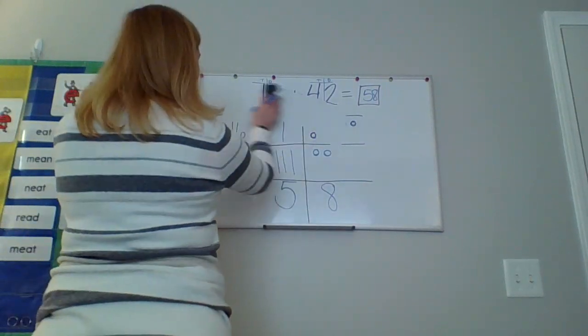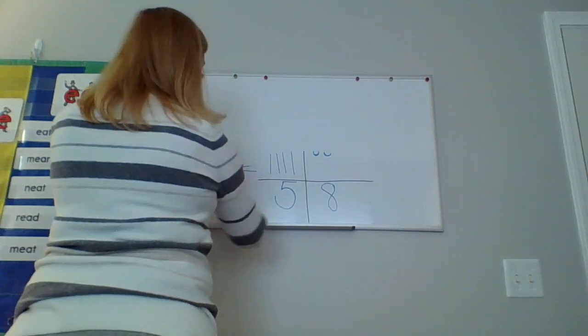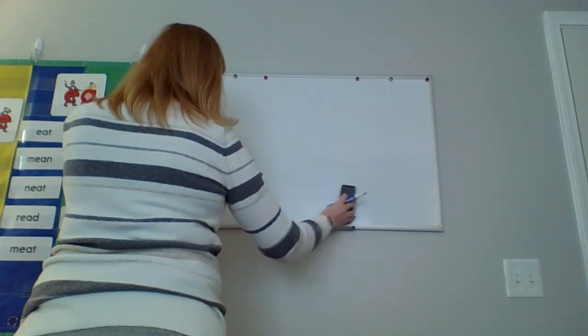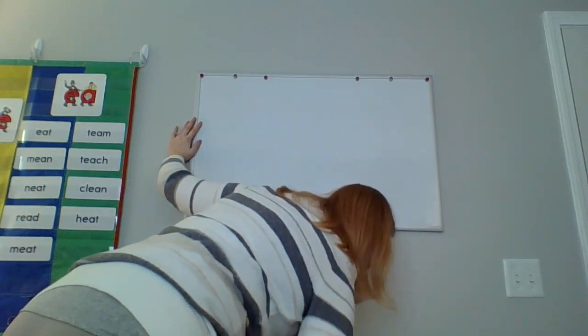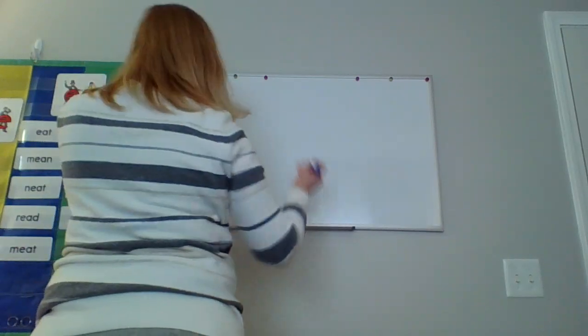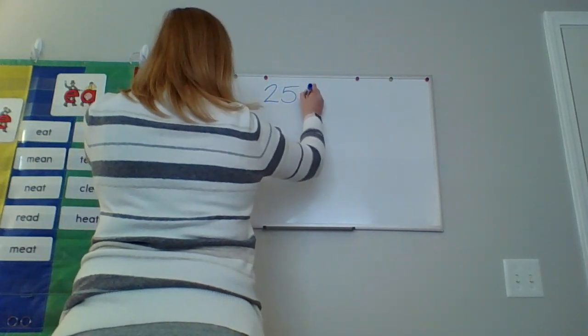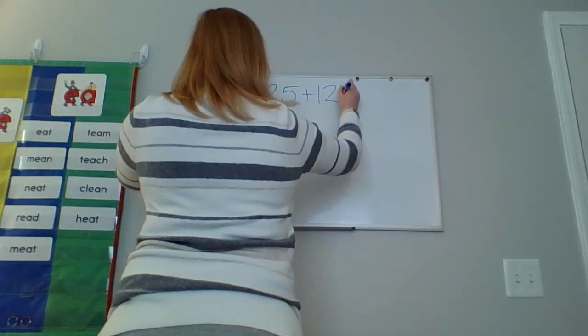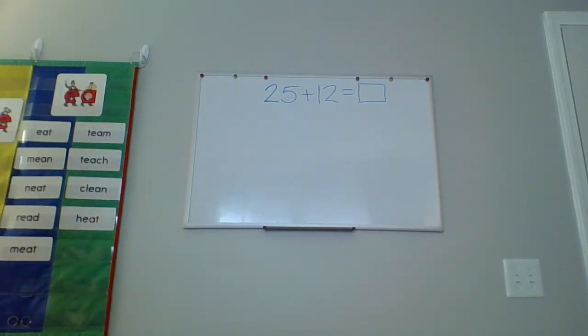Okay, so I am going to show one more to you, what it's going to kind of look like in your Big Ideas workbook. It's going to look a little silly compared to how Miss Cooper just organized it. So, if I have 25 plus 12 equals unknown. 25 plus 12 equals unknown.